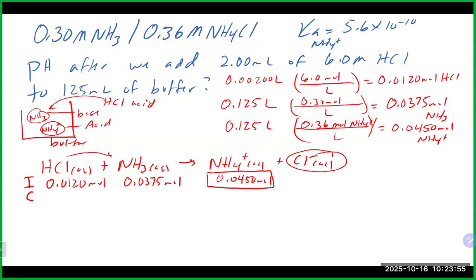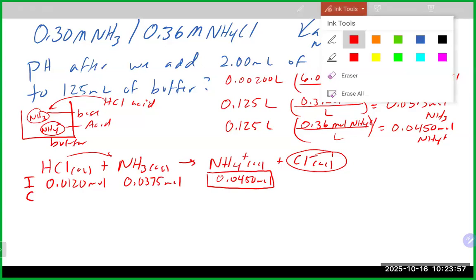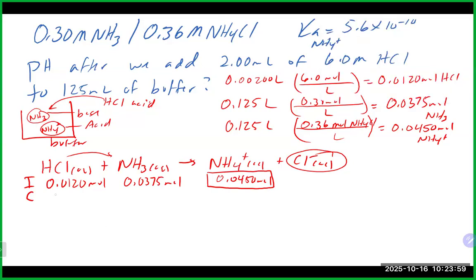Change here should be, in this case, always a smaller number, which happens to be our HCl, which means the HCl really is the limiting reagent. And we'll go minus 0.012 and plus 0.0120.